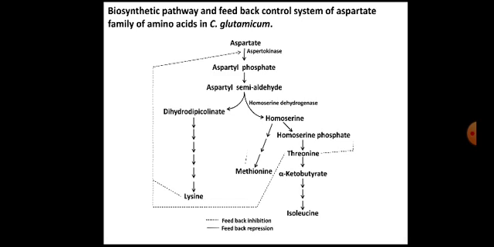If homoserine dehydrogenase is not getting synthesized, then this mutant will be called a homoserine auxotroph. That means this organism will not be able to synthesize homoserine, and there will be no further formation of methionine, threonine, and isoleucine. So if that is the site of possible mutation, that is homoserine auxotrophs, these homoserine auxotrophs will be the overproducers of lysine.